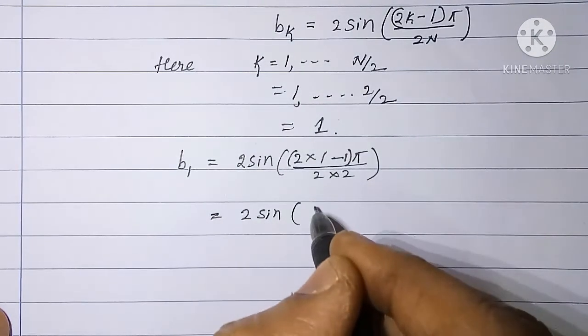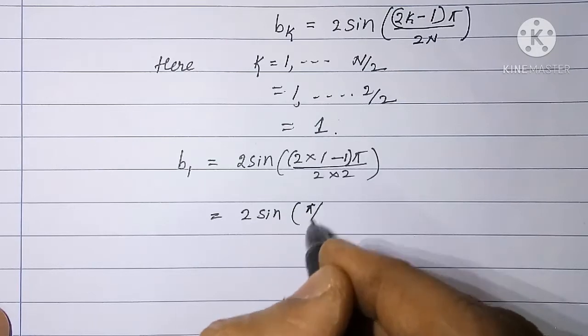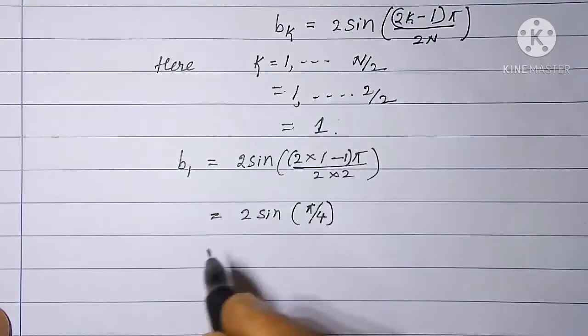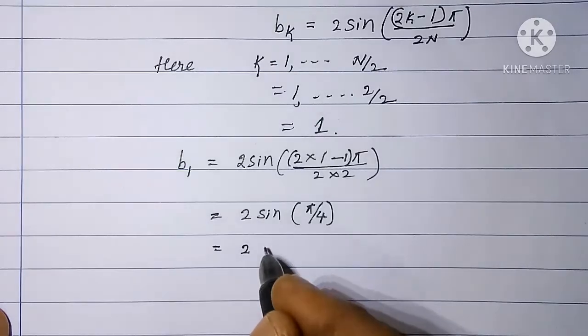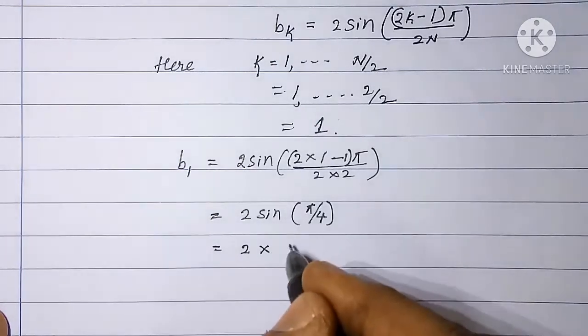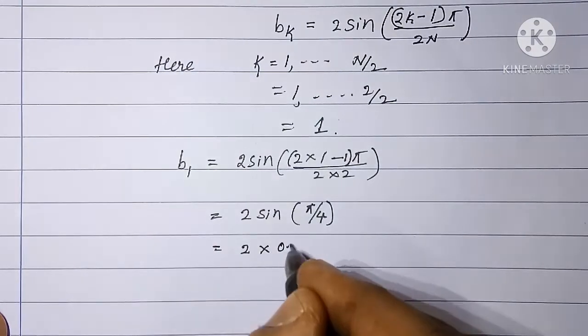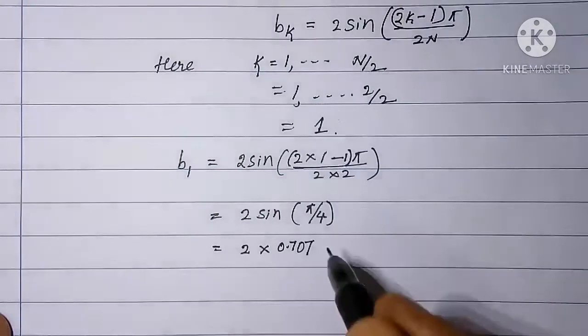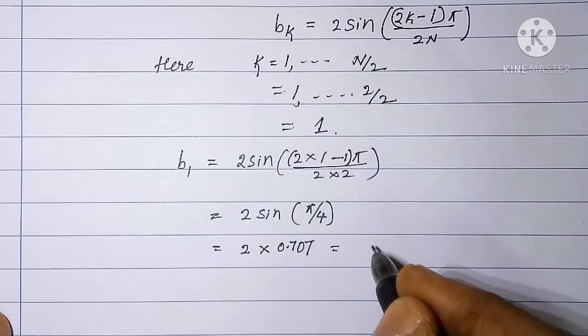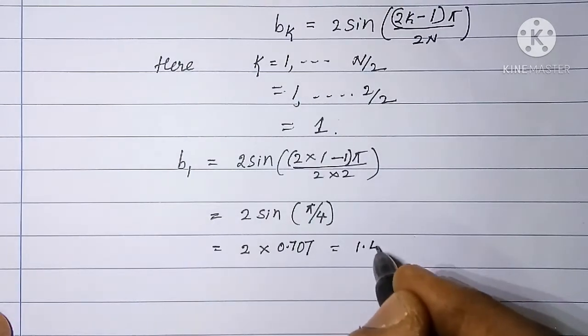Two into sine of pi by 4, that is 2 into 0.707, which is equal to 1.4142.